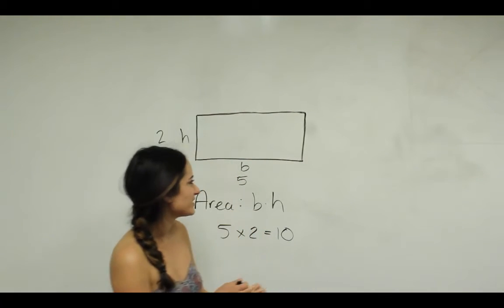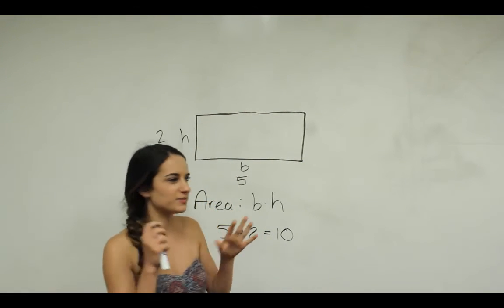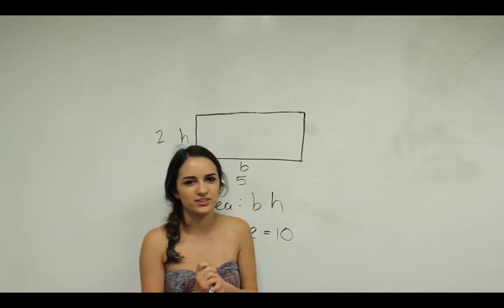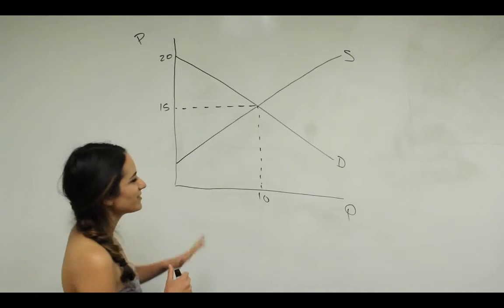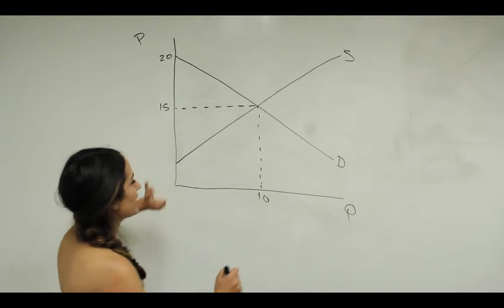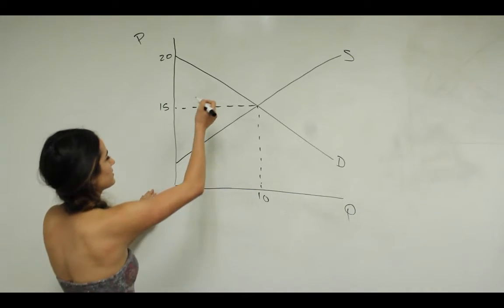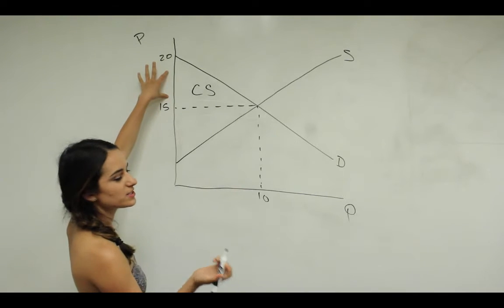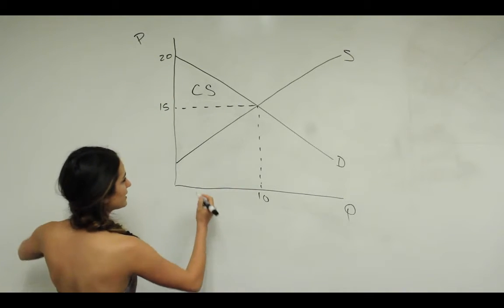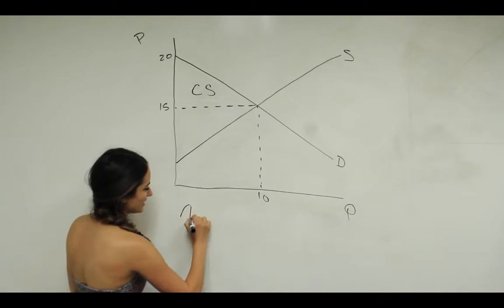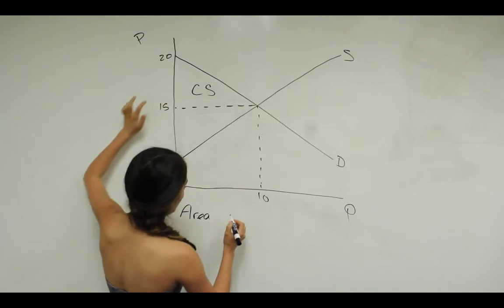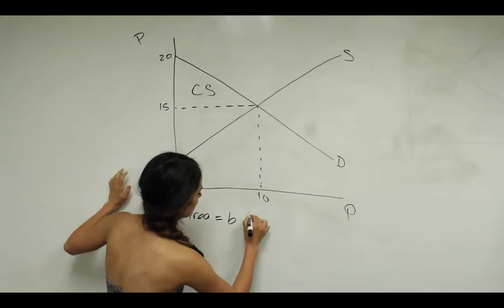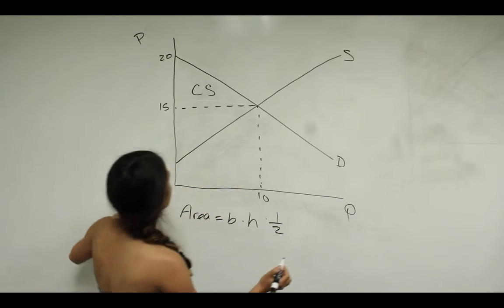So now we're going to take a look at how we can apply both of these concepts, the rectangle area and the triangle, to an econ problem. We're going to try to find the area of consumer surplus. As you know, this area right here is consumer surplus. So how do we find that? Well, if we take the techniques we learned earlier, where area of a triangle equals base times height times 1/2, we can find it.